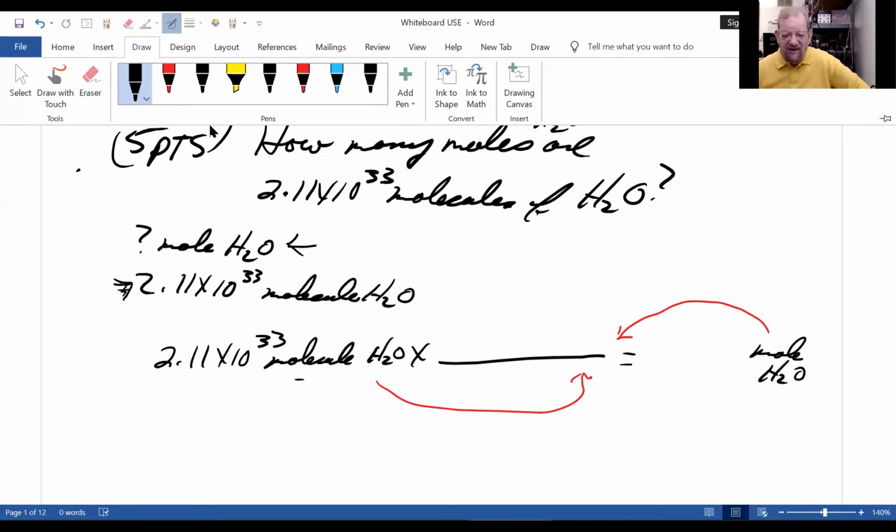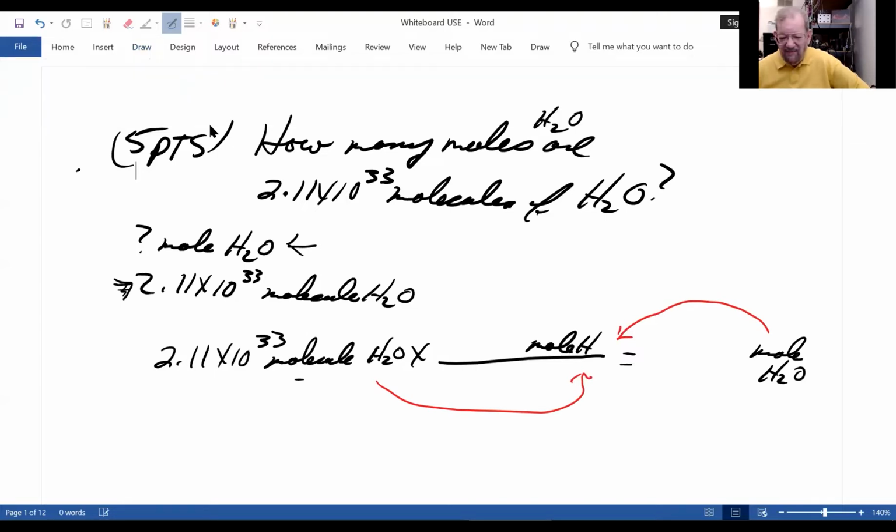But anyways, moles go on top and molecules of water go underneath. And where do we get the numbers that go in there? It will be in one mole of a compound equals Avogadro's number, 6.02 times 10 to the 23rd molecules of a compound.